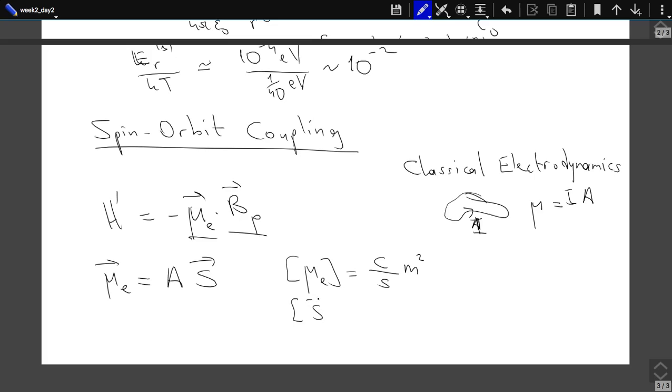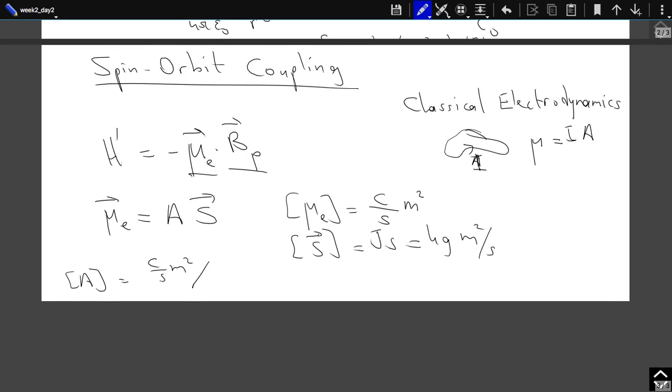Now, what is the unit of the spin? Joule second, or kilogram meter squared per second. So let's see, what's the unit of this constant A? Something we don't know yet. We are trying to identify what A is. So the unit of A will be coulomb per second meter squared divided by kilogram meter squared per second.